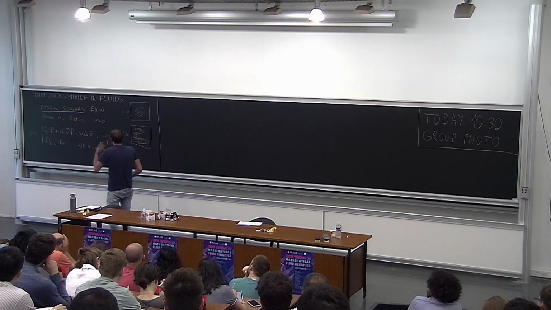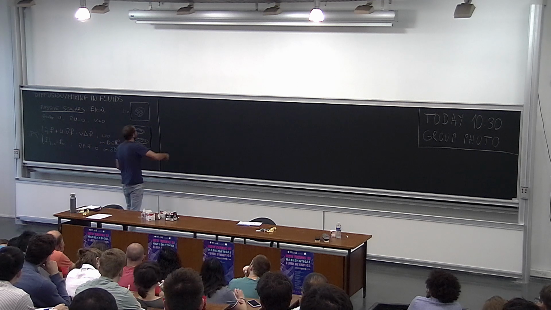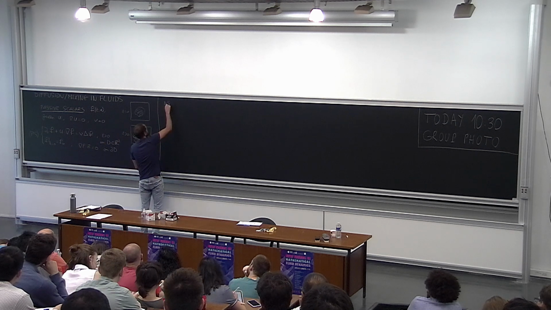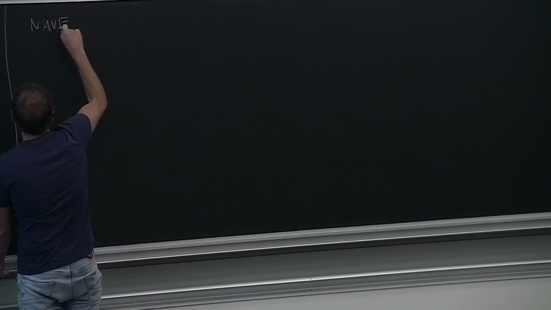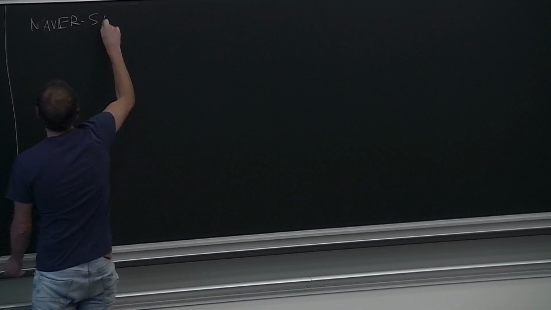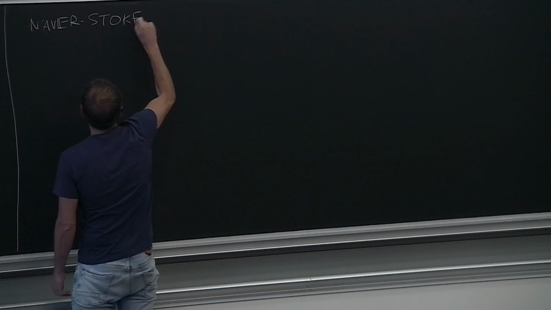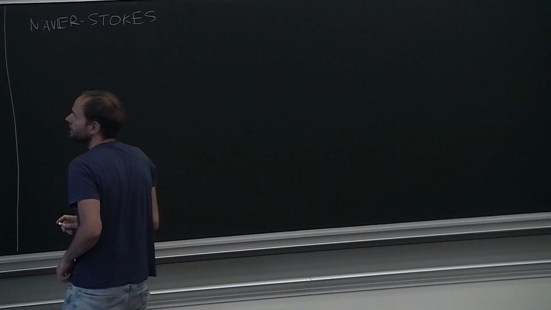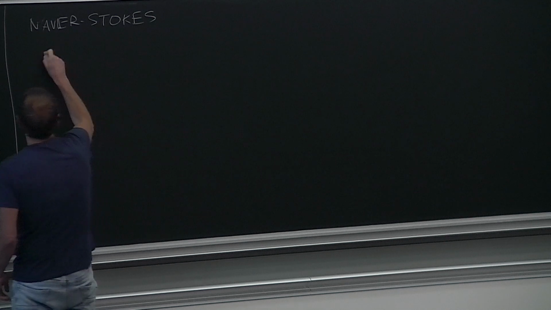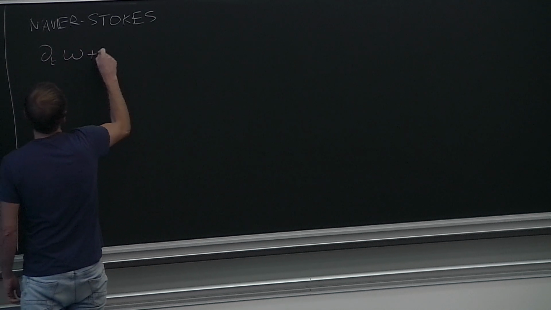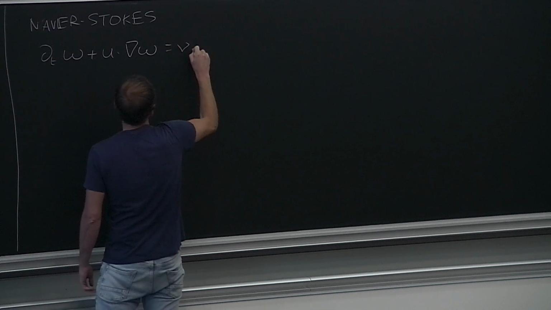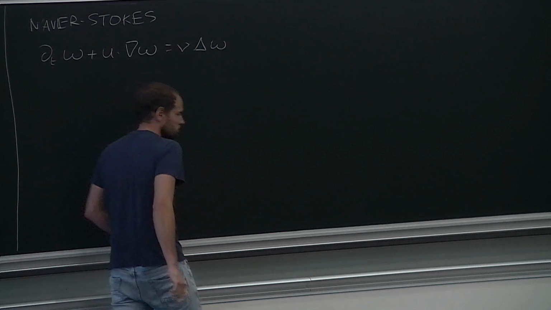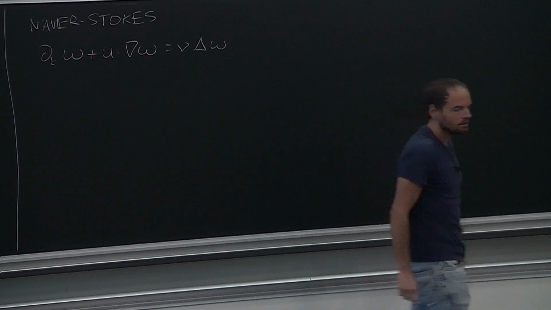Now, an active scalar, so the example is the Navier-Stokes equations. This is the second equation that we will look at. And so I'll just write it as Tarek wrote it yesterday. So this is just Euler if nu is equal to 0. And I put nu Laplacian of omega.